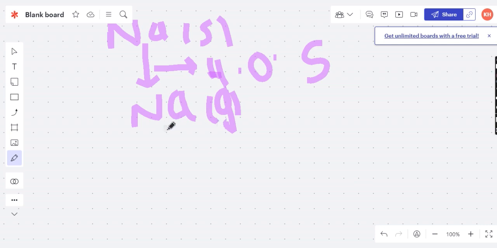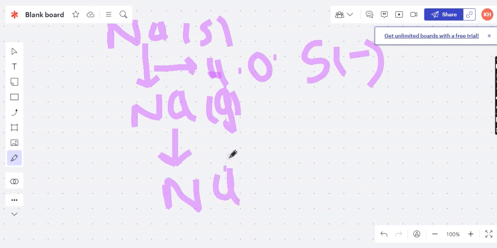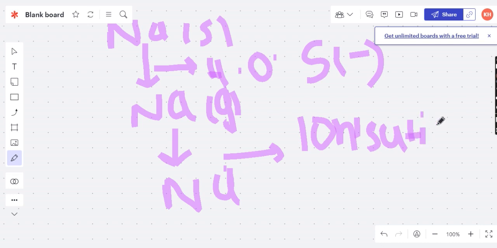Now gaseous Na changes into Na plus by the ionization energy. The sublimation energy is basically given to it.